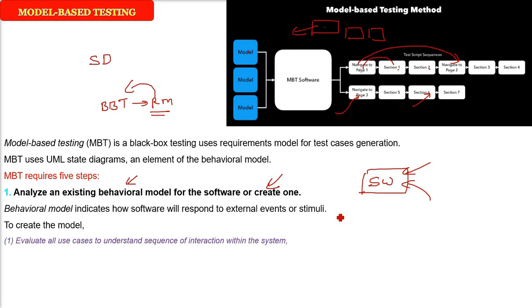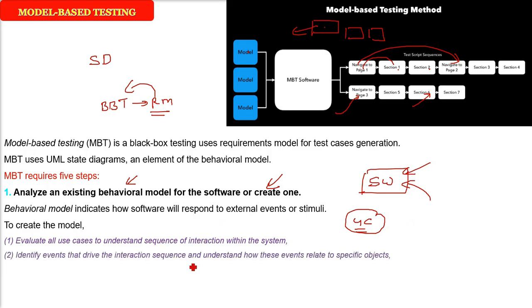But let me give you a brief hint. Evaluate all the use cases to understand the sequence of interaction within the system. First, the use case is the basis. Then you have to understand the interaction, identify the events that drive the interaction sequence, and understand how these events relate to specific objects. That is, how the interaction is going on, which event is producing what.